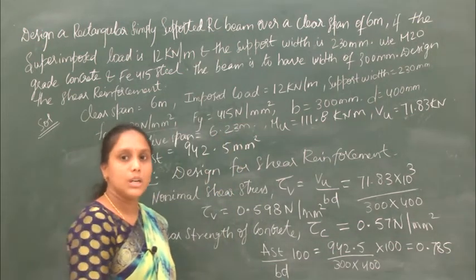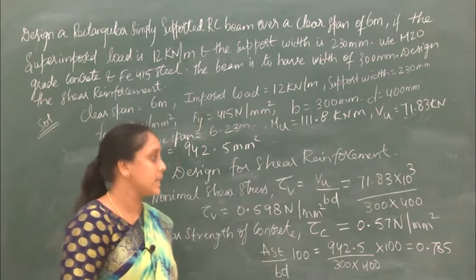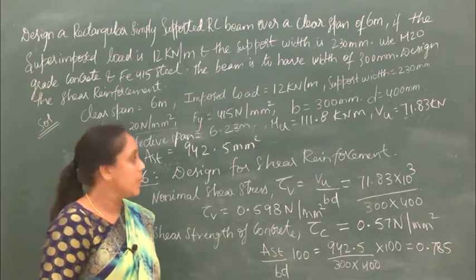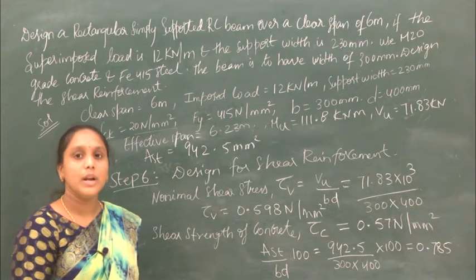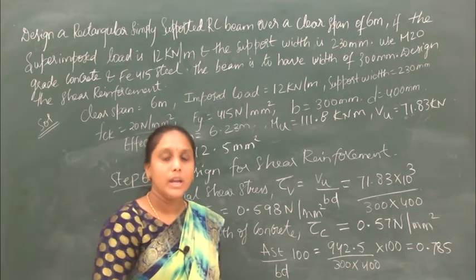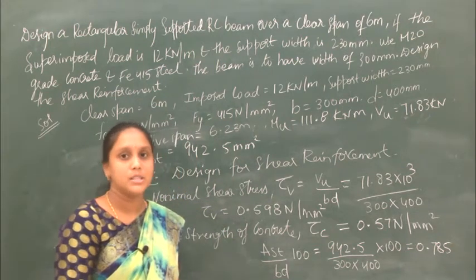Now we have known the tau v and tau c value. So what is the next thing we have to do? We have to calculate the tau c max value, and compare the tau v, tau c and tau c max value.